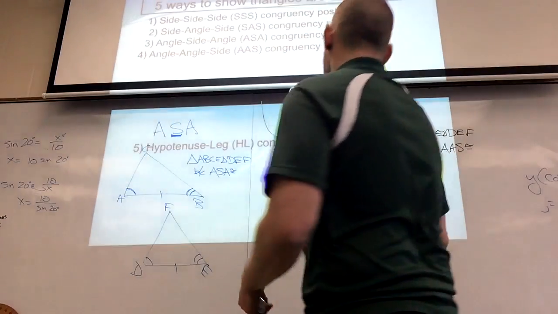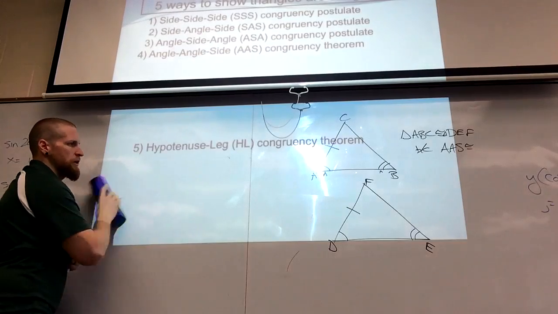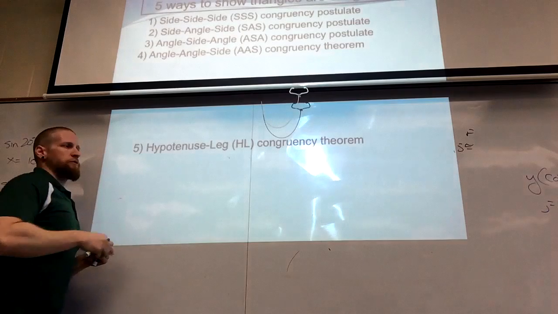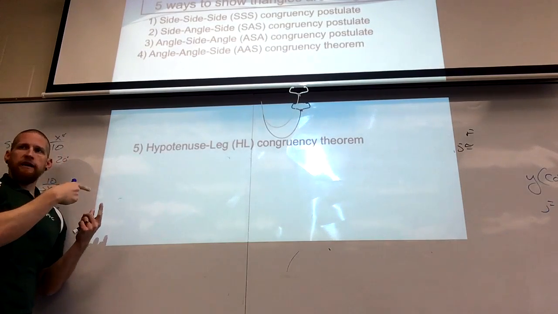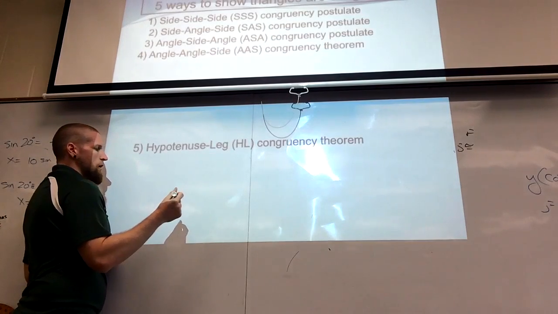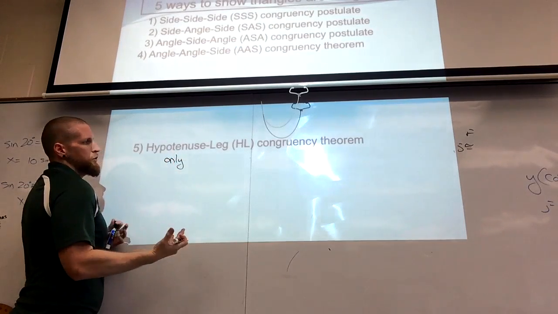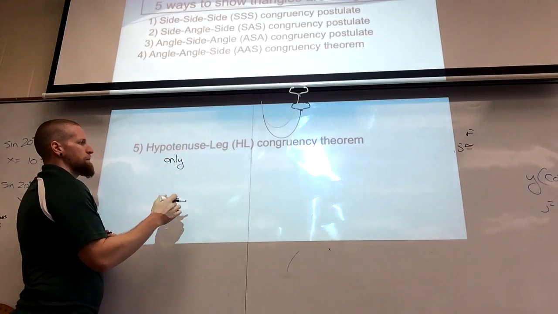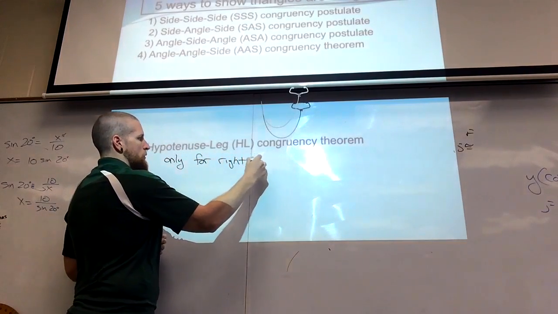So the reason I don't add this to the main part is because the HL theorem applies simply to right triangles, and not every right triangle that we work with is going to have this one on there. So make a note if you write this down, which you would because you're going to use this sometimes, but put it off to the side. Make sure you note this is only for right triangles.